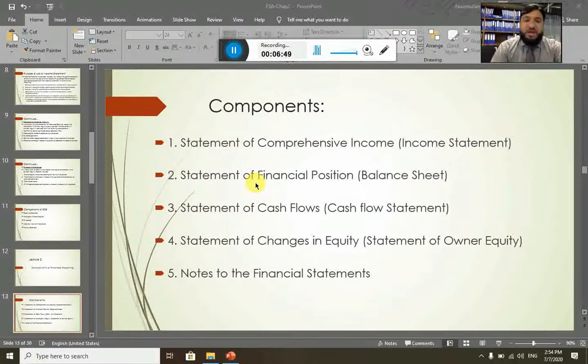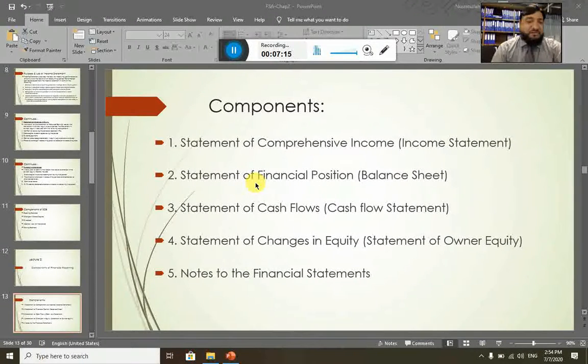And we have also discussed the uses of the financial statements and how we can use them, what information could be found, and what operations could be applied to the financial statements to get the required information. Then we have the statement of cash flow, which we'll discuss today.